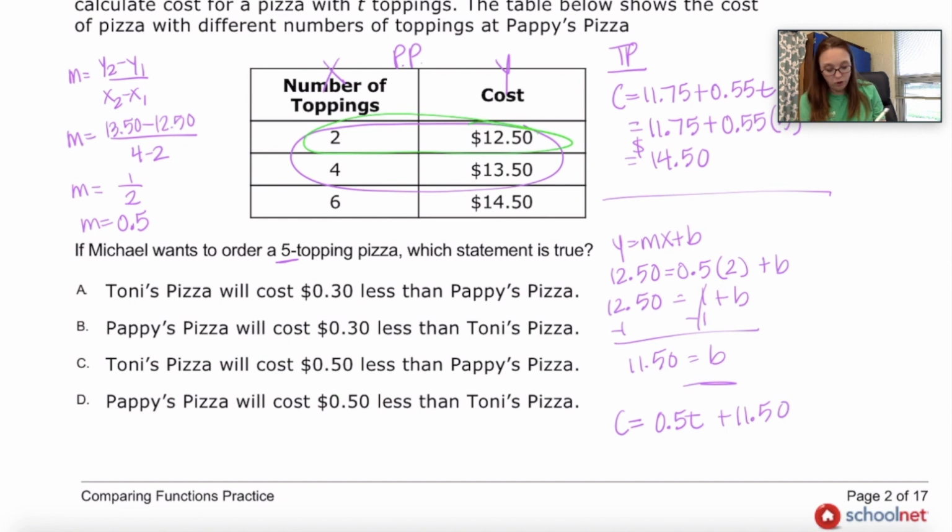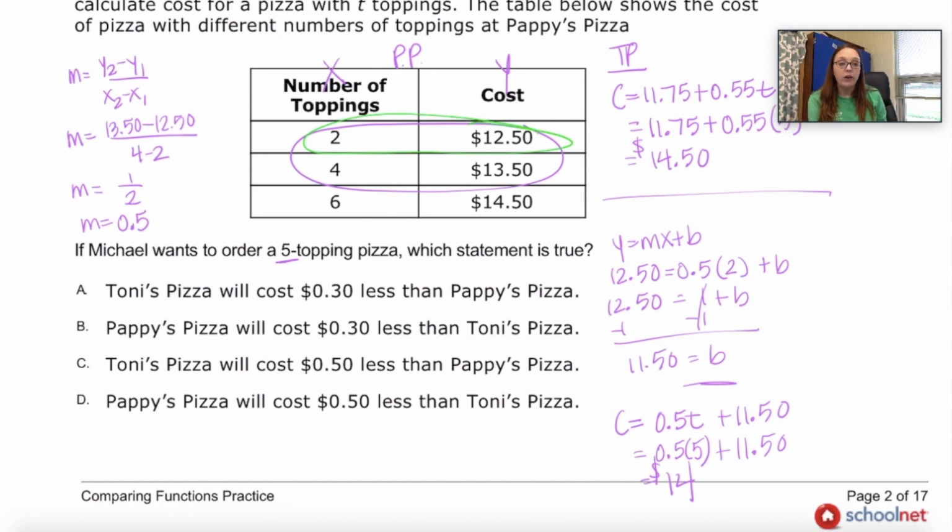So for 5 toppings, we're going to do 0.5 times 5 plus 11.50. And I'm going to type that into my calculator. So 0.5 times 5 plus 11.50 gives me 14. So at Pappy's Pizza it would cost $14.